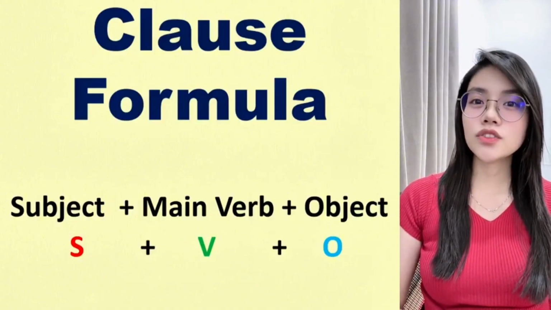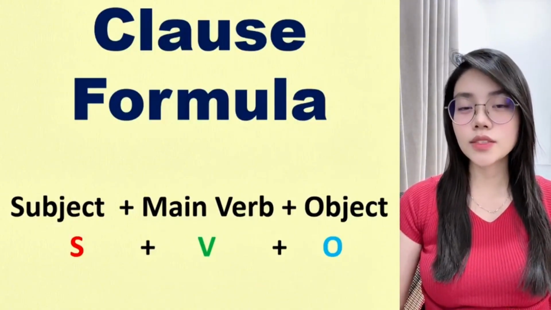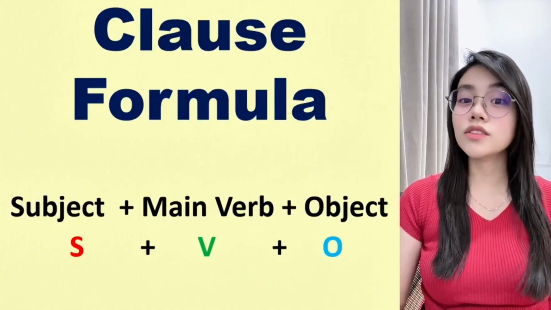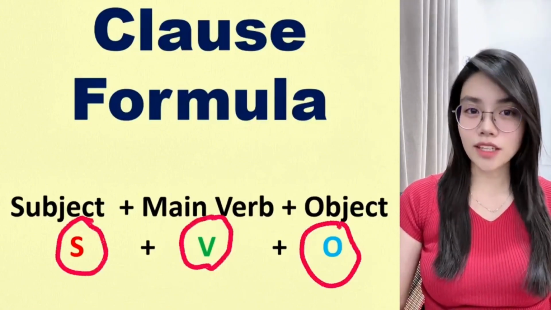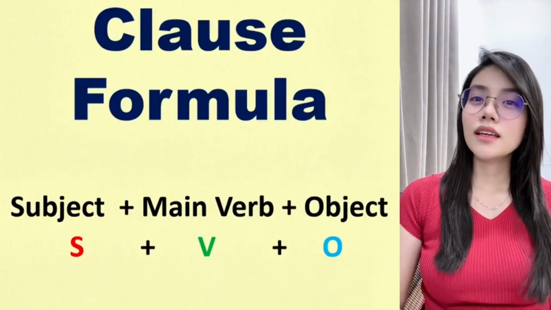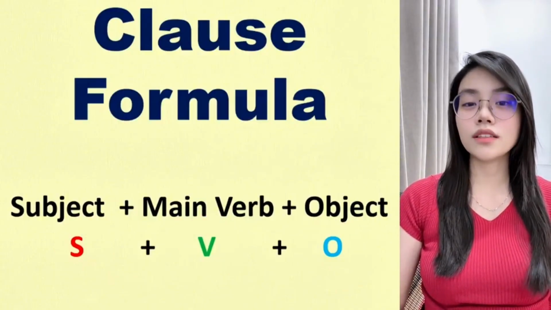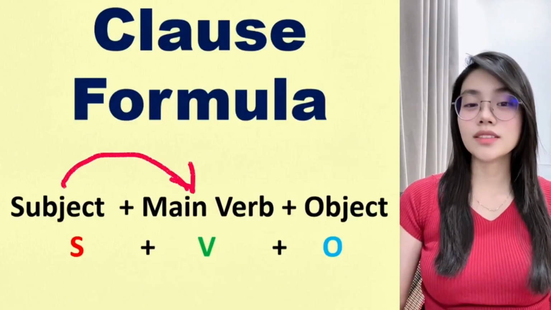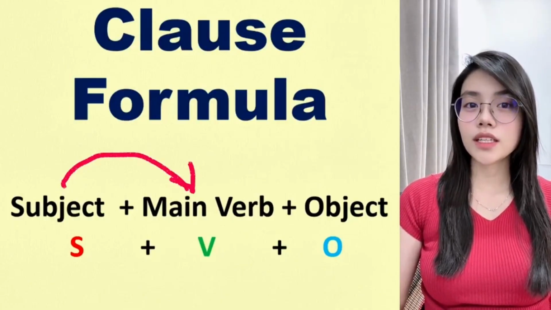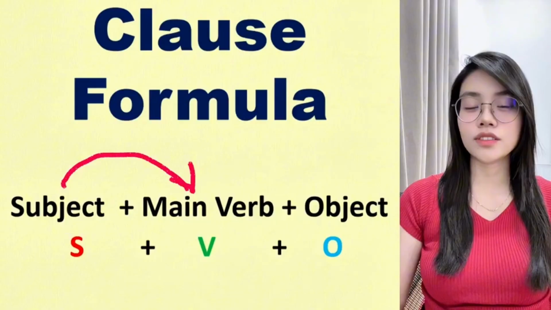So this is the structure of an English sentence which includes a subject, a verb tense, and an object. Basically, the subject is the one that performs the action, the verb expresses the action, and the object is the one that receives the action.